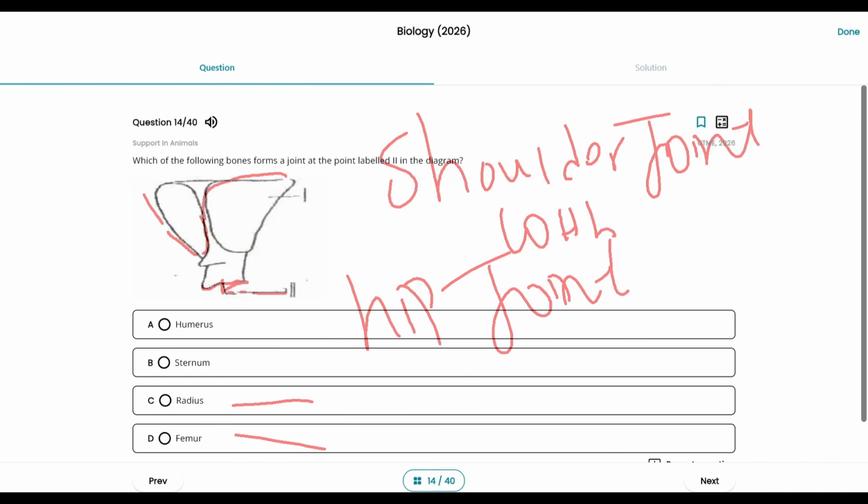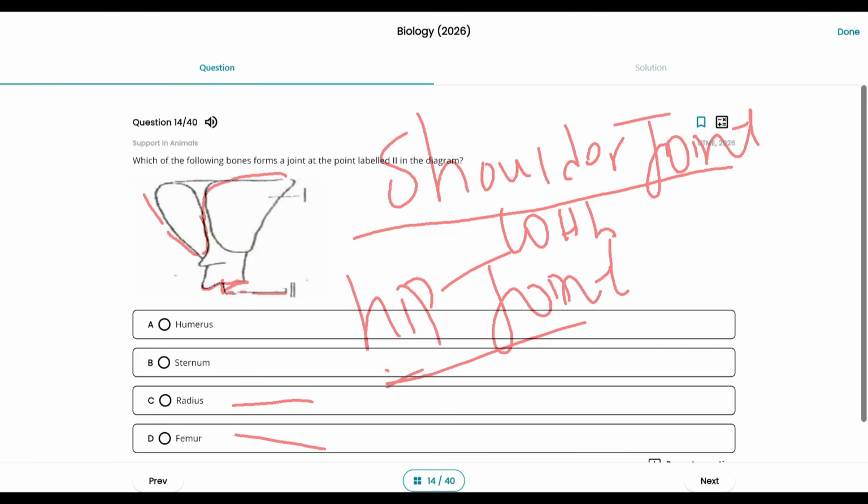Alright, so a shoulder joint is formed by the scapula and humerus. Are you with me?